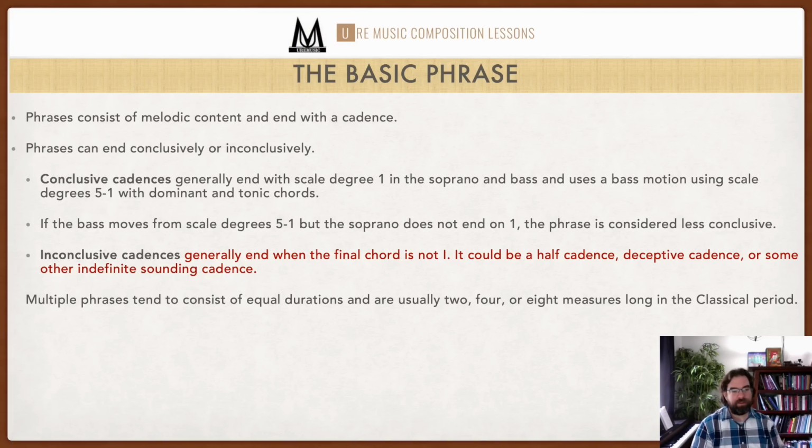So another point to note here is that multiple phrases in a piece tend to consist of equal durations and are usually 2, 4, or 8 measures long in the classical period. Now there's actually a theory that all classical phrases are just 4 measures long, which is something that we get into much later.